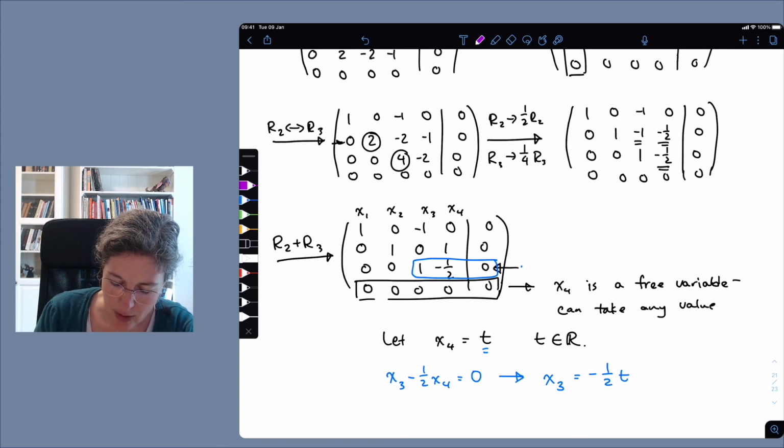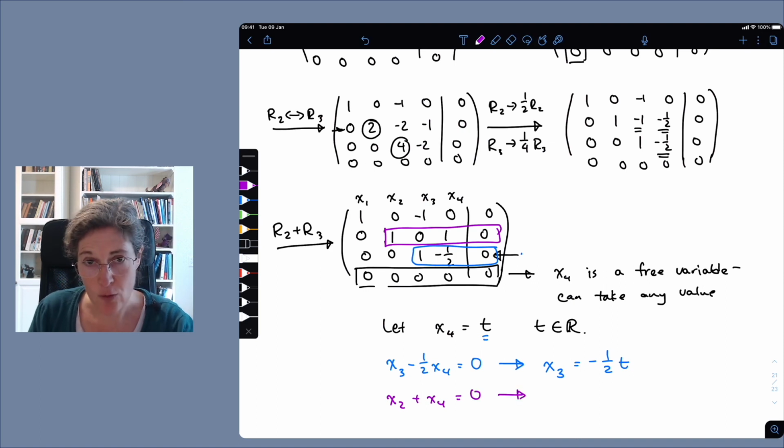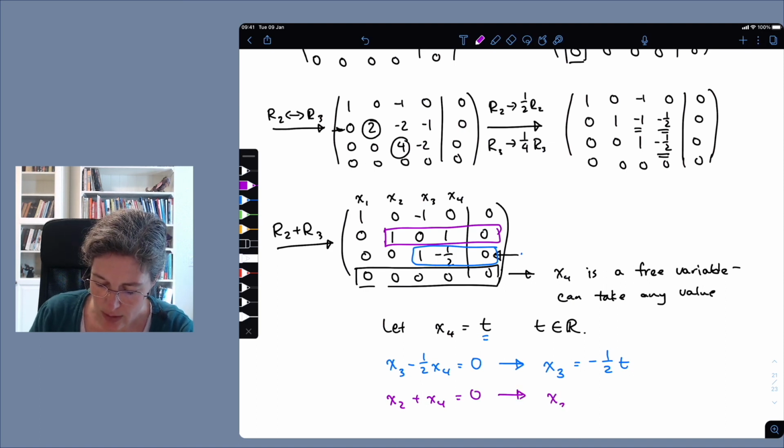Similarly, if we have a look at this equation over here, that says x2 plus x4 is equal to 0, but x4 is equal to t. So we've got x2 is equal to minus x4, which is t.